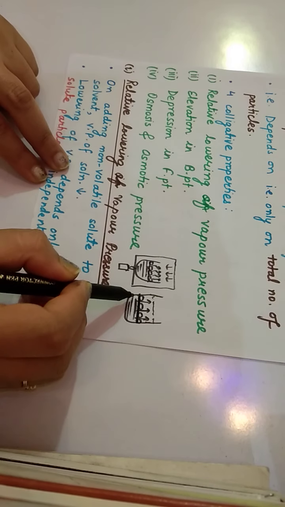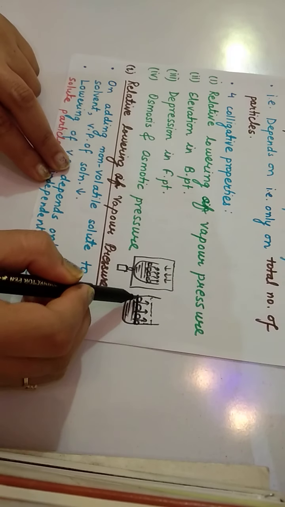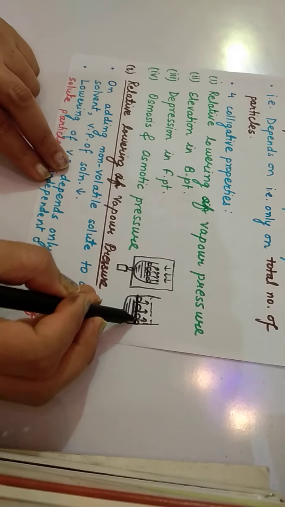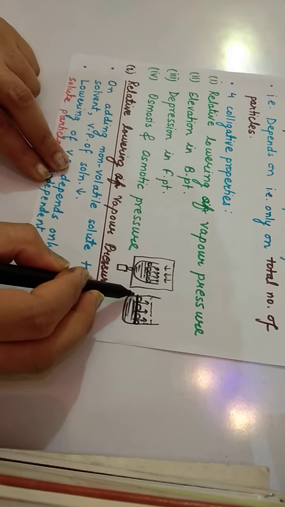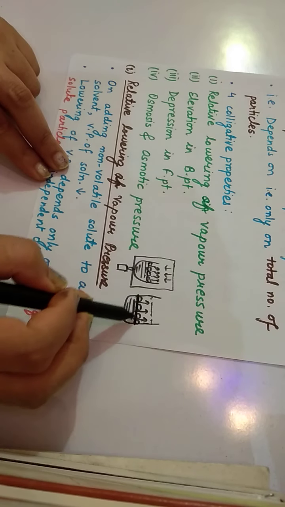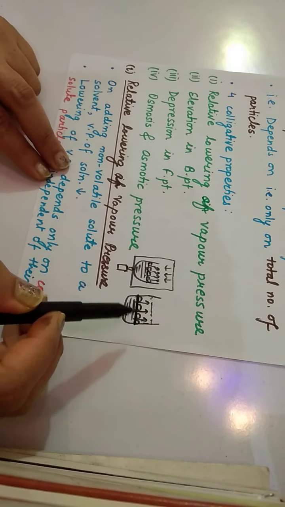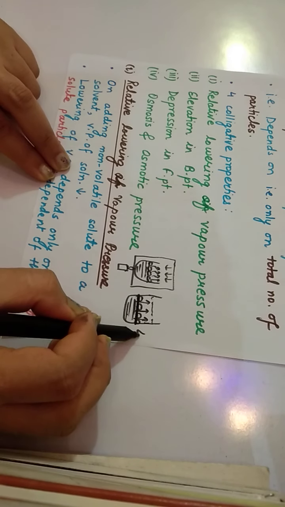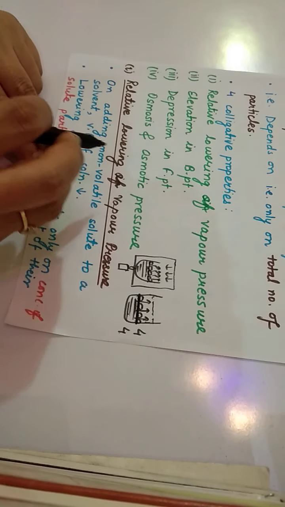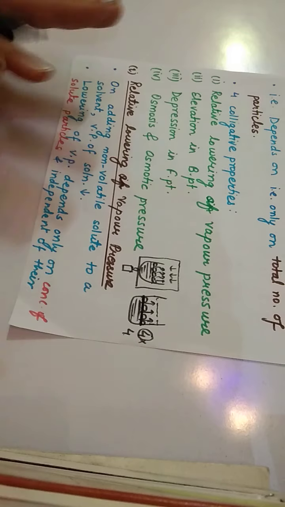Now in the next container we'll take a solvent, same water, but in that solvent we are adding non-volatile solute. So these are the particles of non-volatile solute. Earlier, if there were 8 water molecules, all 8 water molecules vaporized, but now the surface is occupied by non-volatile solute also. Then 4 molecules of non-volatile solute and 4 molecules of the solvent were present. But these 4 molecules of the solute do not vaporize.